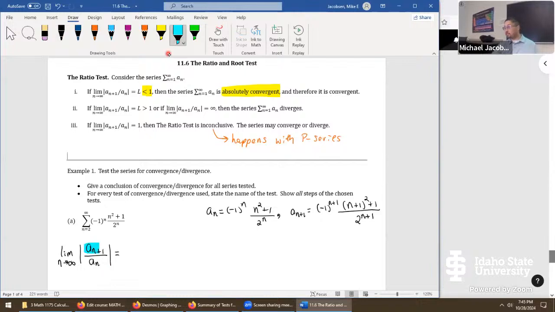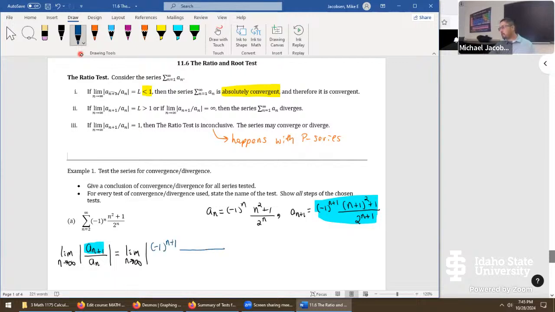So let's color code this just to show how it's coming together in the algebra. We're taking that and writing it in with absolute values. So limit as n goes off to infinity, absolute value of (-1)^(n+1) times (n plus 1) squared plus 1.